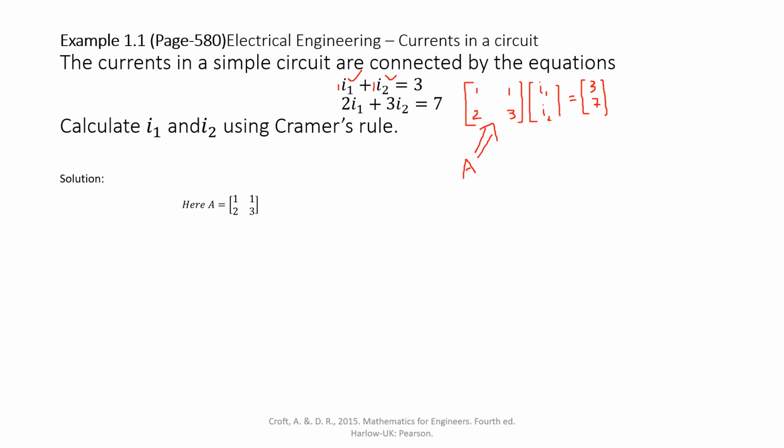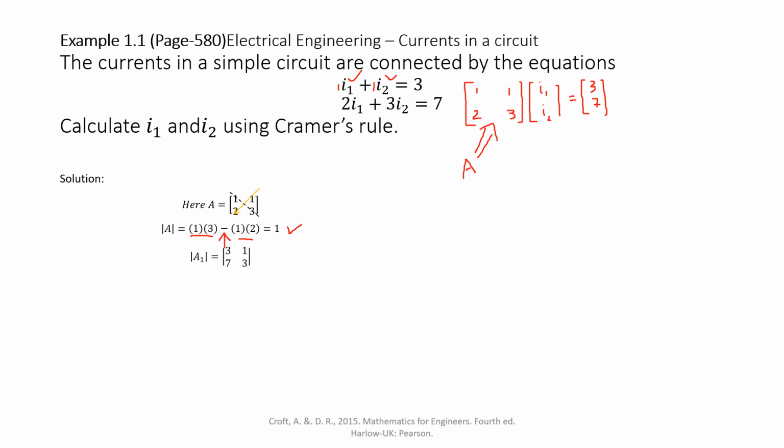This is A now. It has two variables I1, I2, so we need two more matrices whose determinants we will take later. Let's find the determinant of A first. So 1 multiply 3, then minus, this minus is the fixed part of this process, and then 1 and 2, so of course it comes to 1.